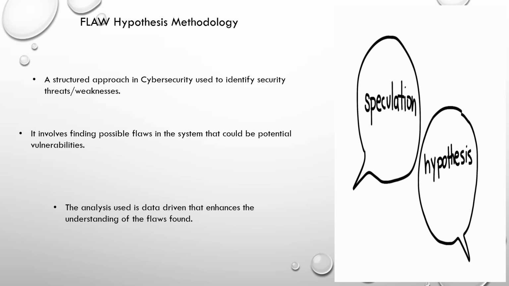It also has analysis that is data driven and enhances the understanding of flaws that are found. The importance of the flaw hypothesis methodology is that it provides a structured approach to penetration testing and helps identify potential security risks in your system.